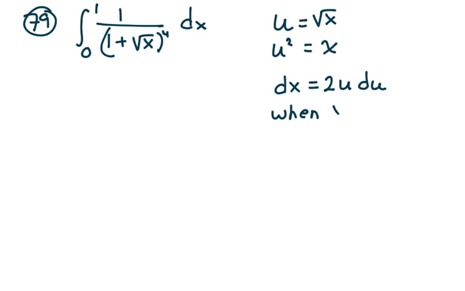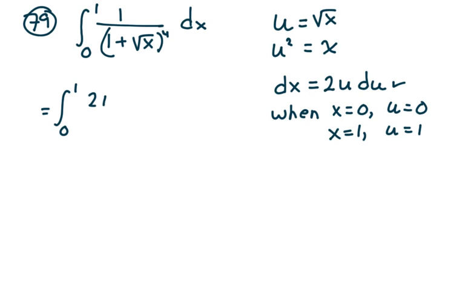So when x is 0, u is 0. When x is 1, u is 1. So this is the integral from 0 to 1 of, now dx is 2u du. So I'm going to have 2u in the numerator. In the denominator, I have 1 plus u to the 4th du. We're not done.